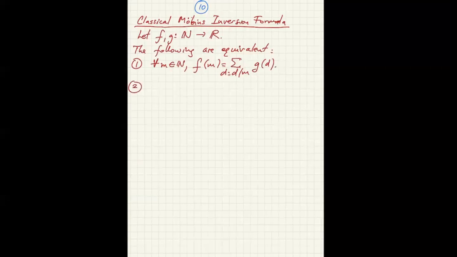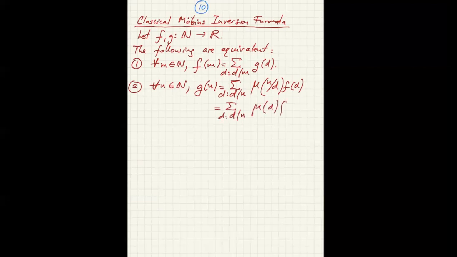This is equivalent with, for any natural number n, g of n is a sum over all d divides n, and here the Mobius function appears, mu of n over d times f of d, which is actually the same thing as the summation over all d divides n of mu of d. You just switch d and n over d, f of n over d.